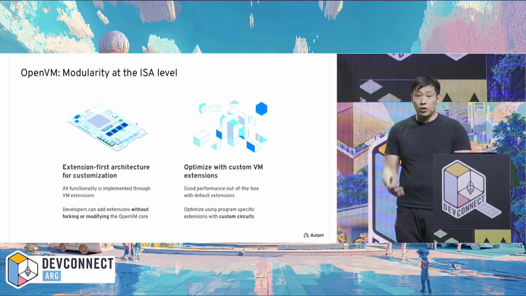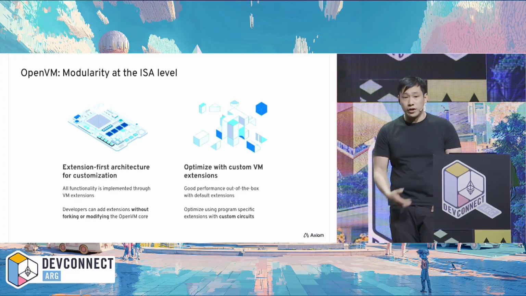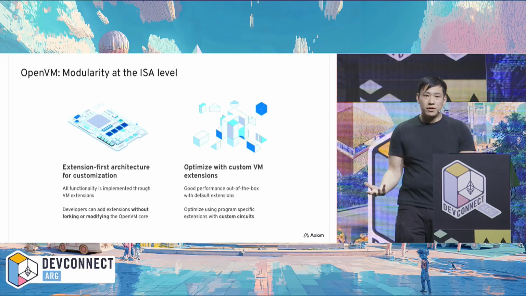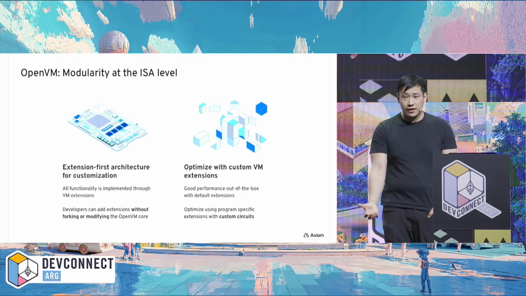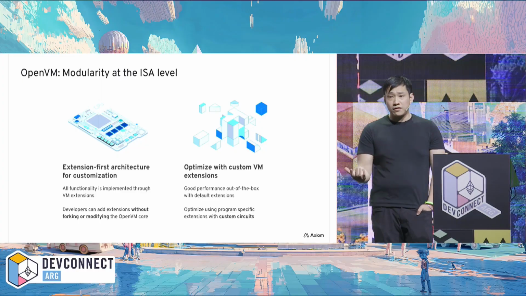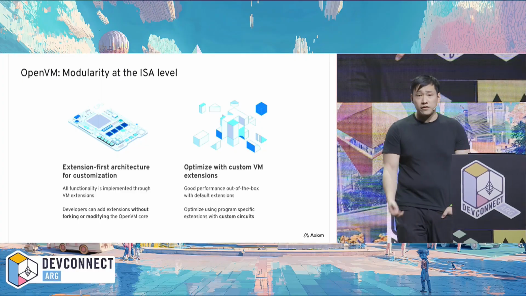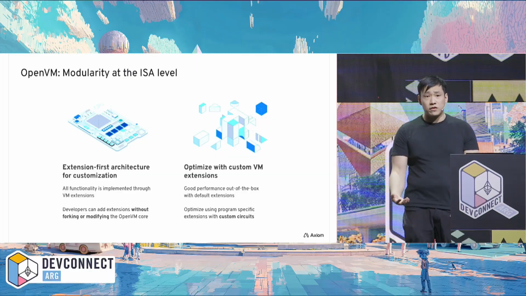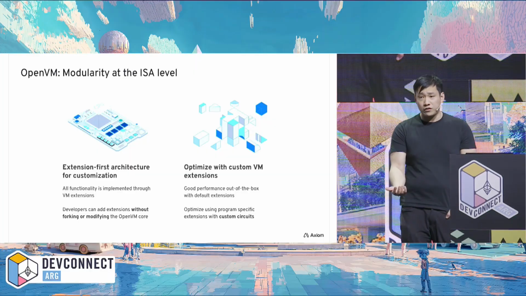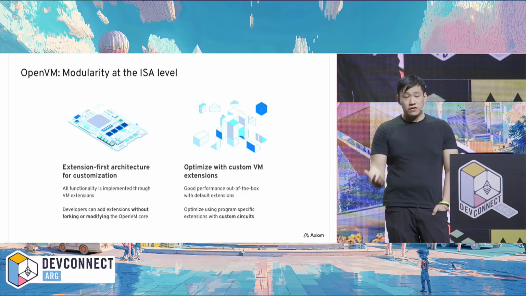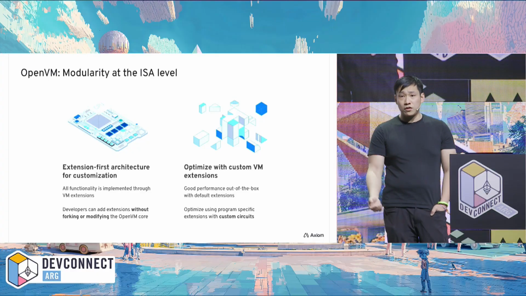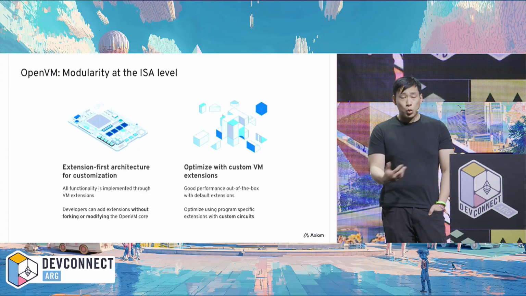For example, we have RISC-V support through an extension, and core OpenVM does not know about any particular ISA. So out of the box, OpenVM can prove Rust programs, but developers can also customize by creating their own VM extensions for workloads of their choice. We believe there are some workloads, like machine learning inference or particular signature schemes, that will require this approach.